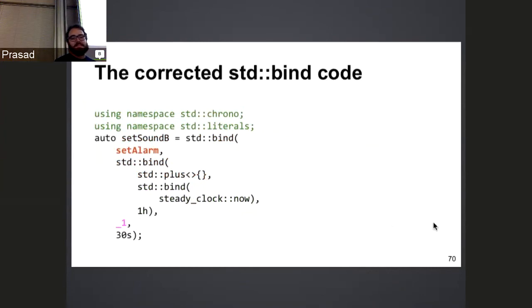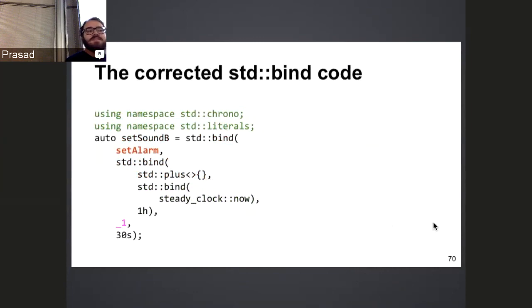Why do you need the expression on std plus instead of just using plus? Take the address of std plus with a specific type instead of doing the brace open close brace expression form. Std plus is a type.